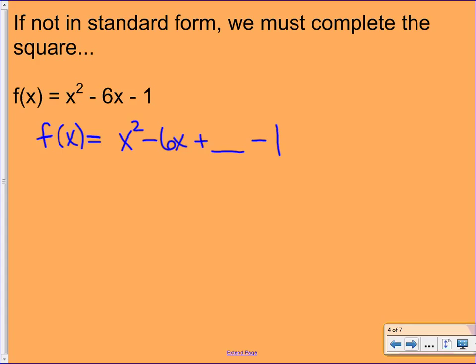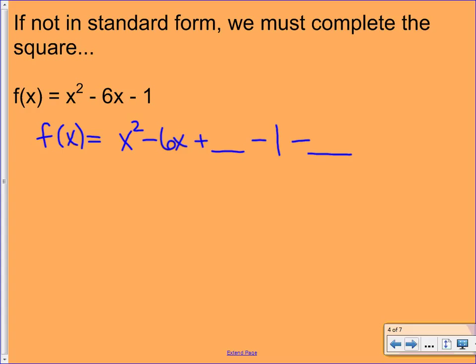Okay, so you guys are comfortable adding the same thing to both sides, right? Would you agree that if I add and subtract the same number, it's not changing the equation? Right? So if we add and subtract the same number, then we're not changing the value of our expression.